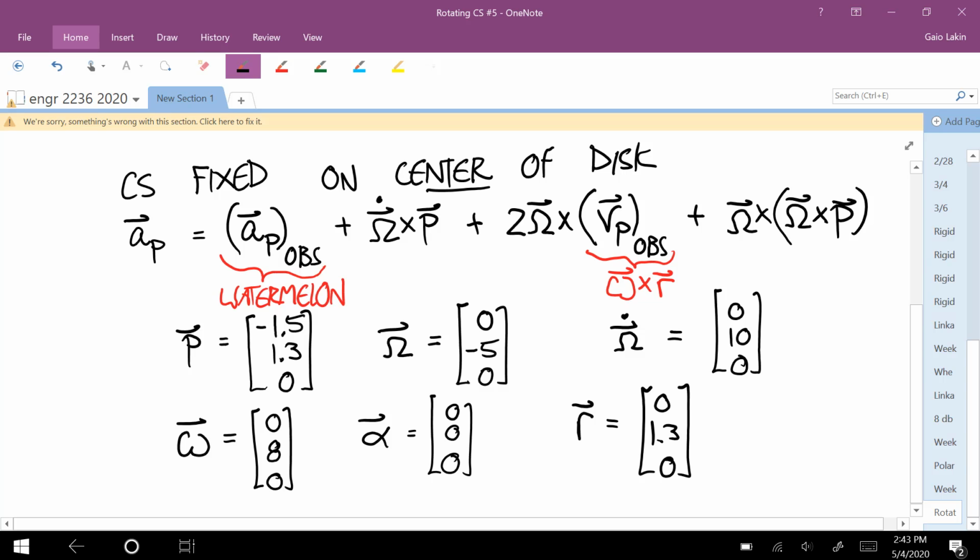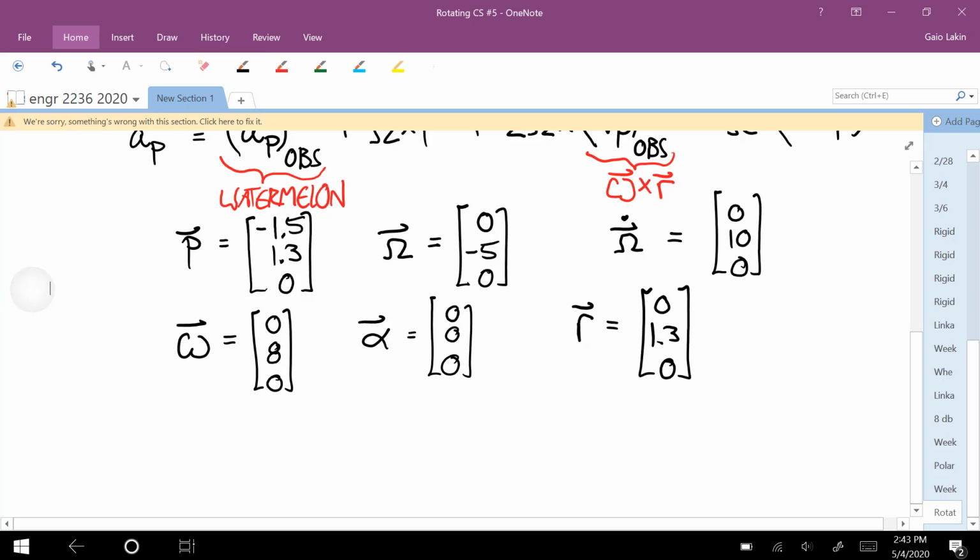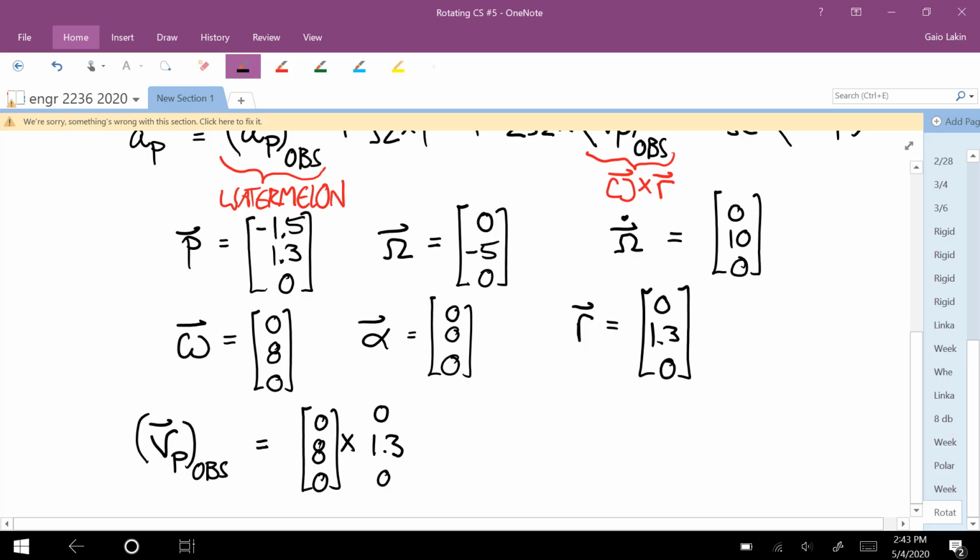Okay. Now it's just a matter of filling this stuff in. So the velocity of P observed is 0, 8, 0, crossed with the r vector, 0, 1.3, 0. Since those are parallel to each other, that's a 0 vector.